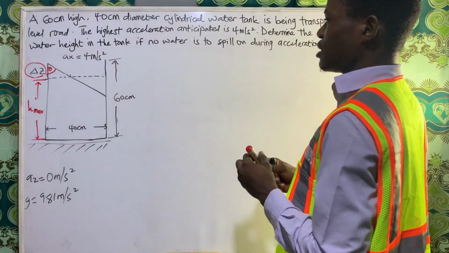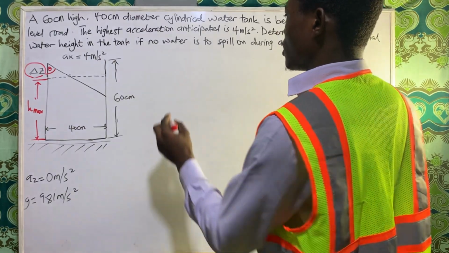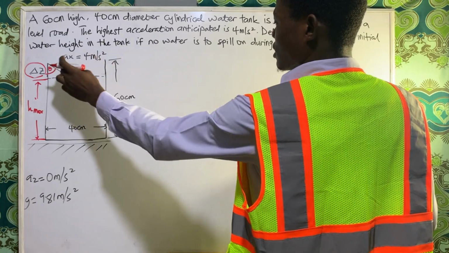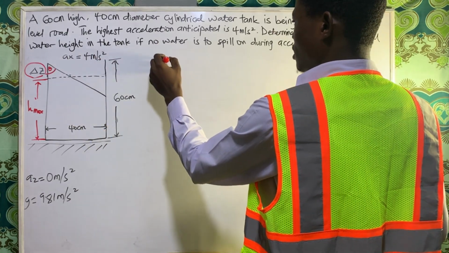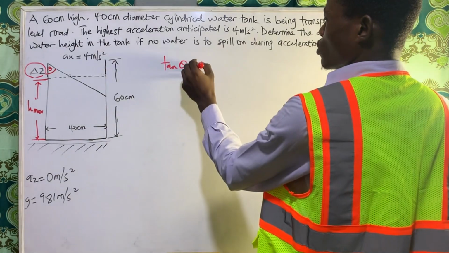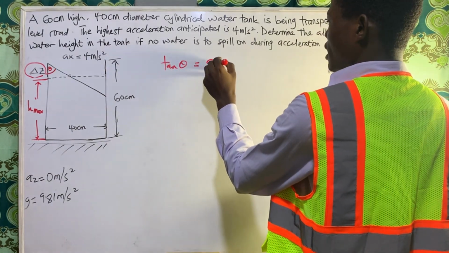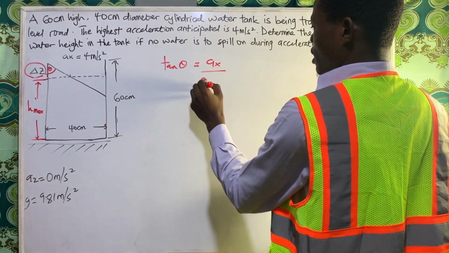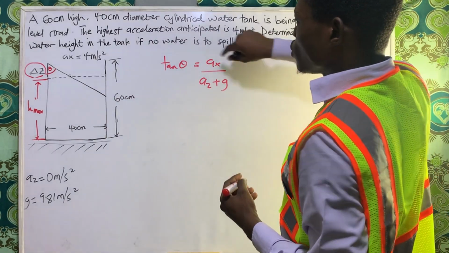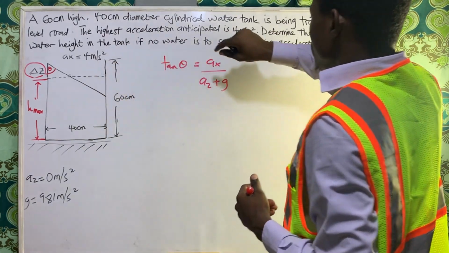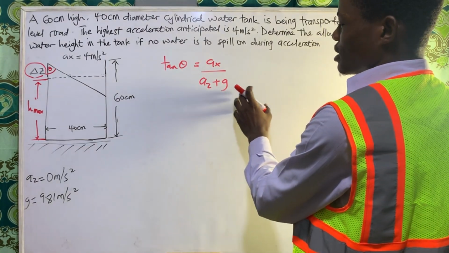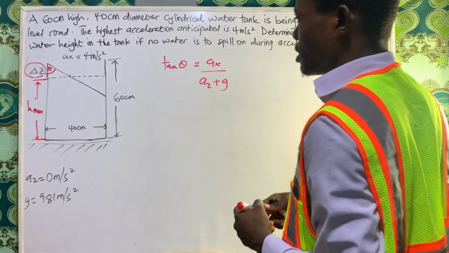We can find delta z by finding our theta. We can use tan theta equal to ax over az plus g, where ax is our horizontal acceleration and az plus g is our vertical acceleration.